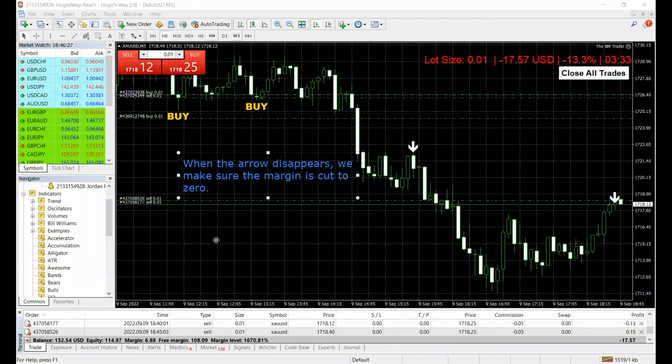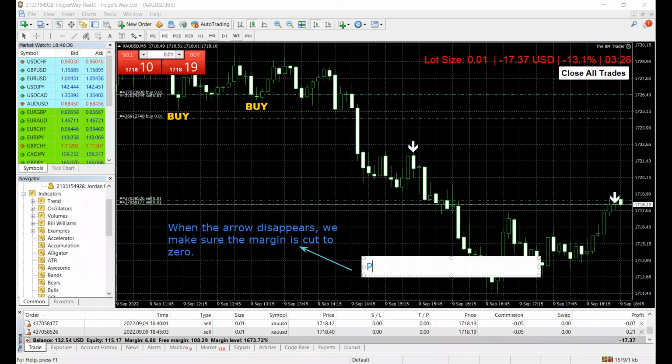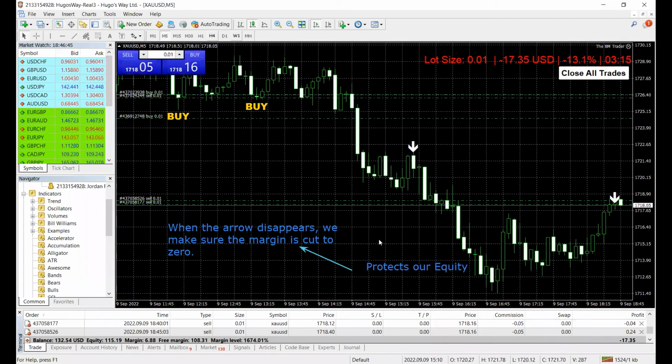That's very important because this right here protects our equity. And if there is any number that you need to pay attention to the most, it's equity. That is the thing that keeps our trading alive, and that's the thing that keeps our trading going.